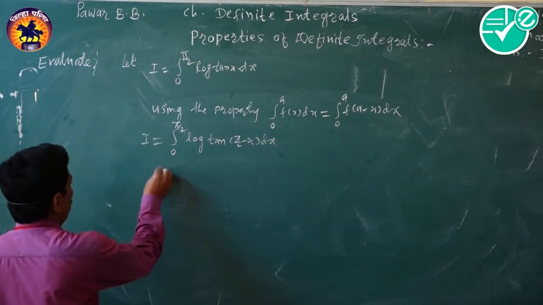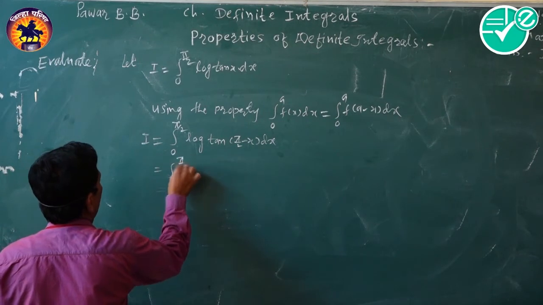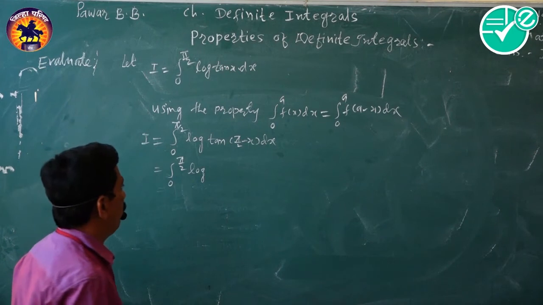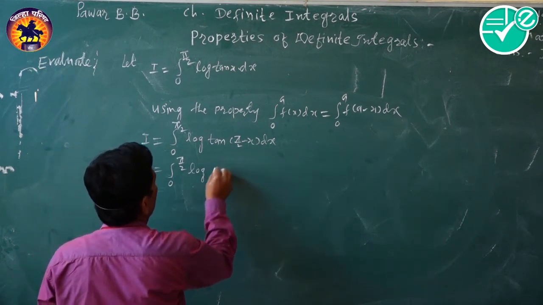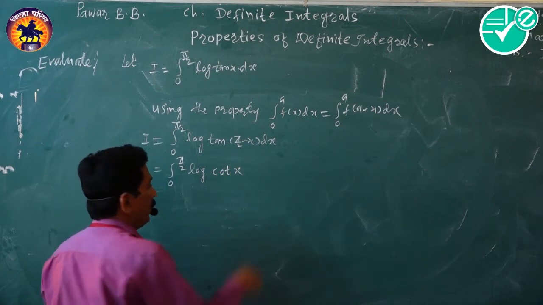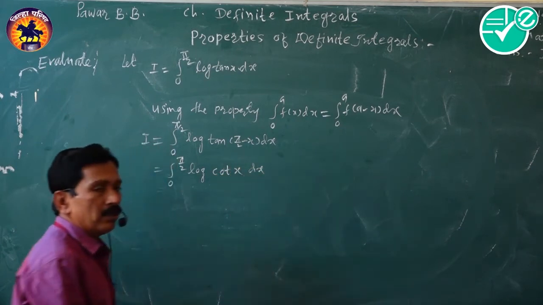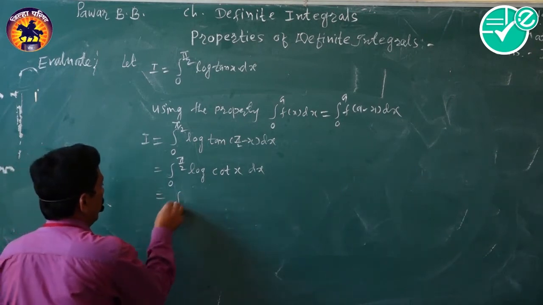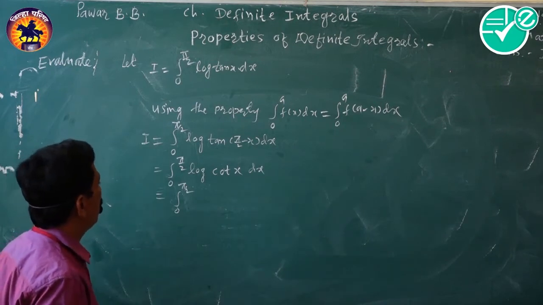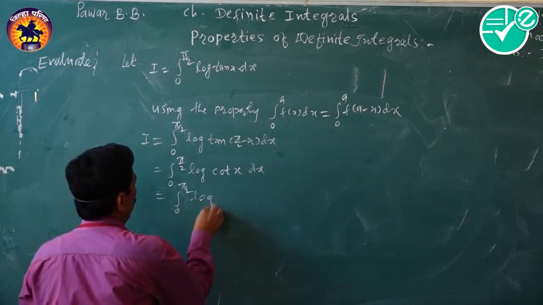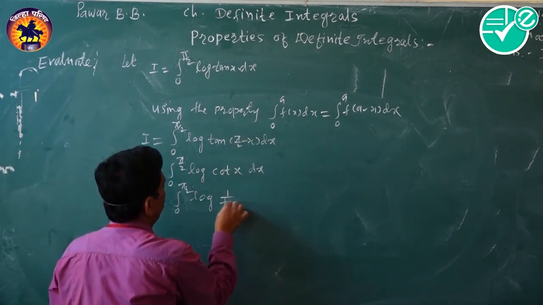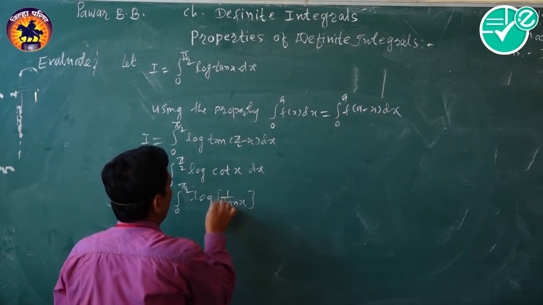This is equal to integration from 0 to pi by 2 log of, this tan of (pi by 2 minus x) is nothing but cot x, into dx. This is equal to integration from 0 to pi by 2 log of cot x, that is 1 by tan x, into dx.